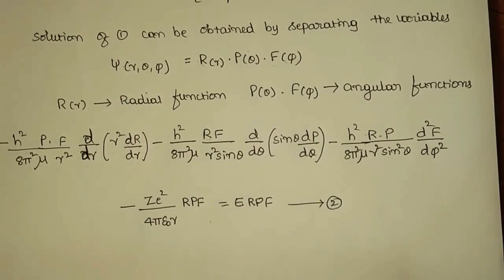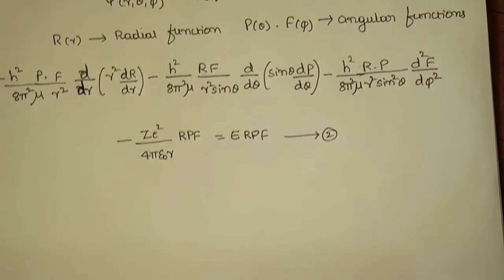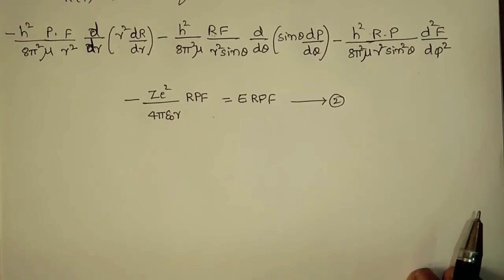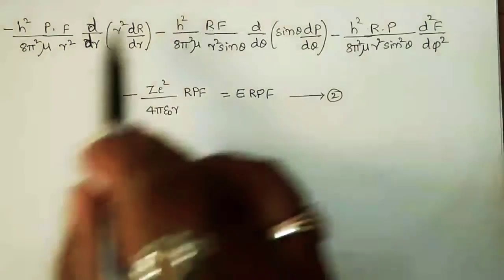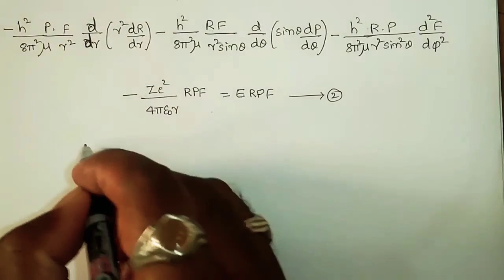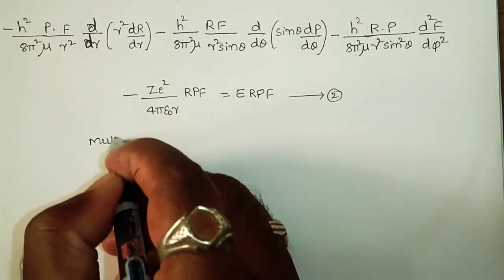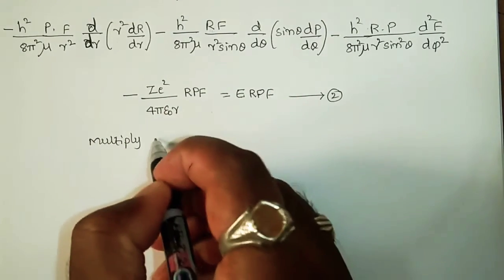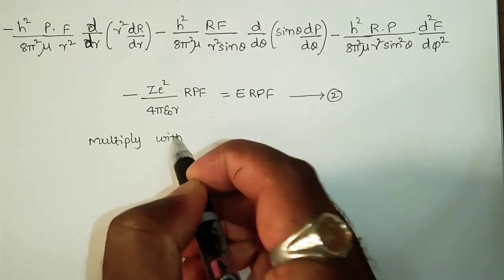And this has to be reduced to the simplest form. We need to separate the variables r, theta and phi, and for that purpose, in order to separate the variables, the whole equation number 2 is supposed to be multiplied with one term.